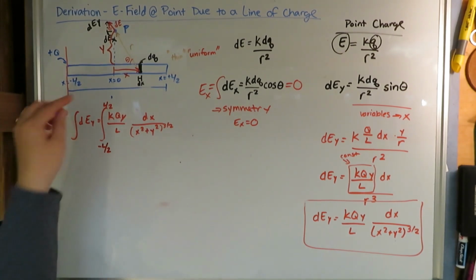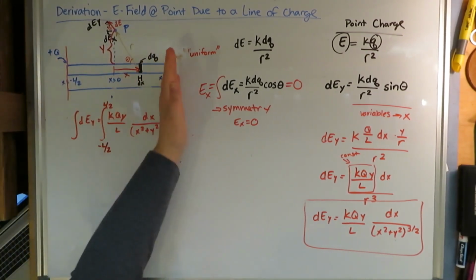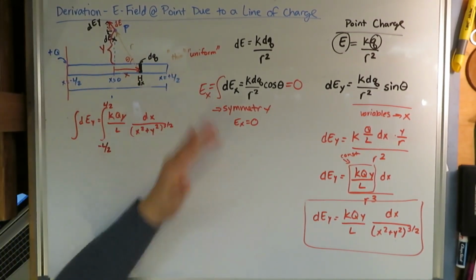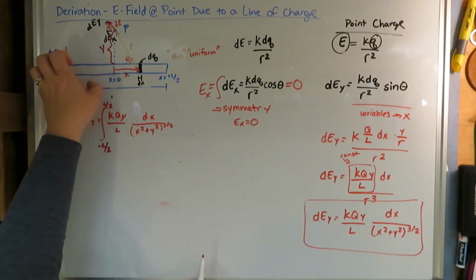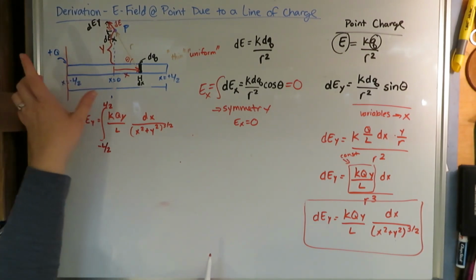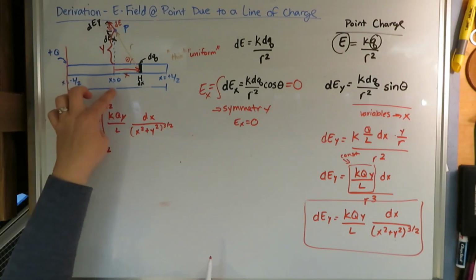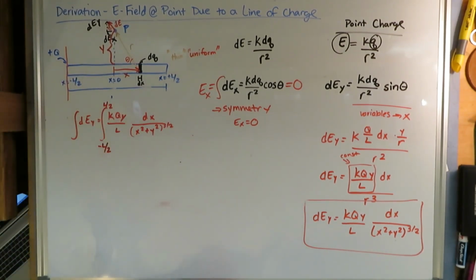Now, for example, if they didn't define x equals 0 here, you could have defined this as x equals 0 and x equals L, and I could go through and integrate. Additionally, some of you who have gone further in calculus know that this is going to be symmetrical, so negative L over 2 to 0 is going to be the same integral value as 0 to L over 2, so you might go, oh, I'm just going to do 2 times 0 to L over 2.